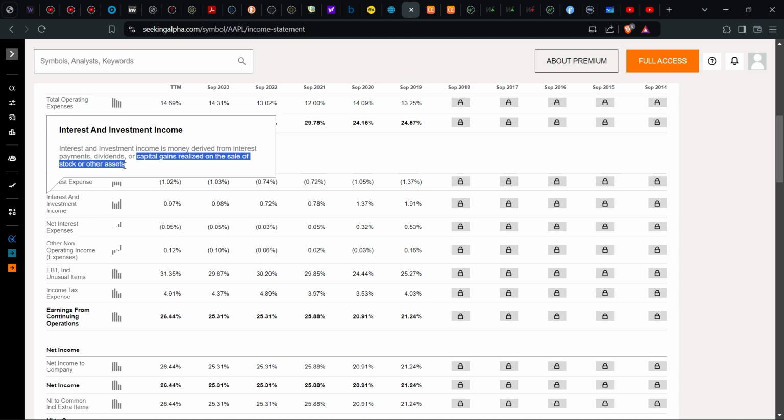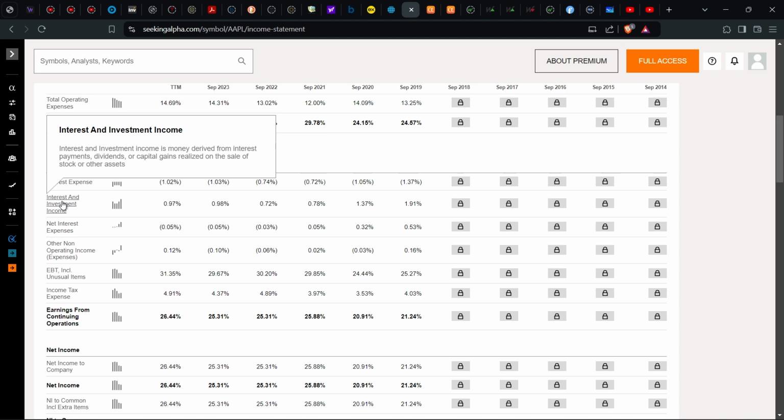This was other sources of revenue for a company, like if a company gave out loans to employees or maybe even to other businesses, once those loans start being paid back, that's money the company receives as income and is going to be recorded here, interest and investment income.